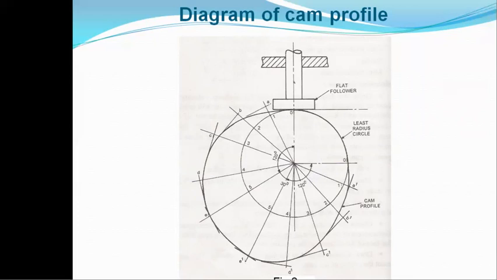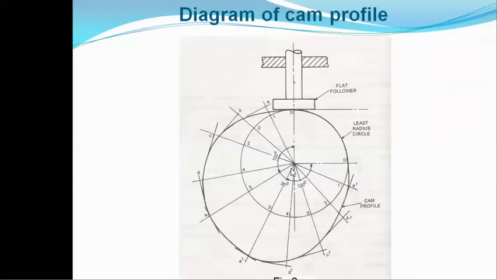Next, divide this outstroke into the same number of parts as done in the displacement diagram, as well as in the return stroke, and join O1 and produce it, and O2 and produce it, and O3 produce it, and O4 produce it, and O5 also produce it.